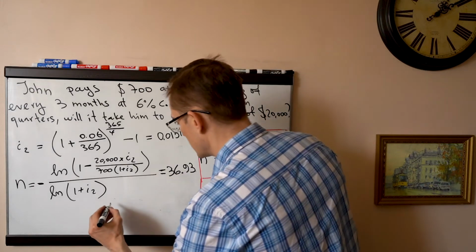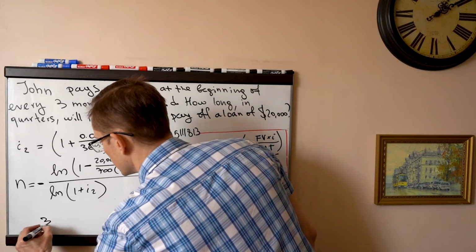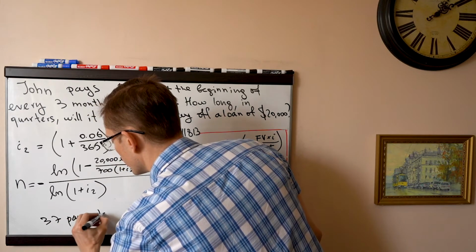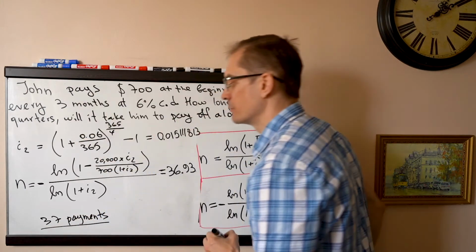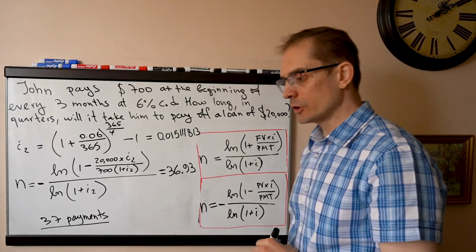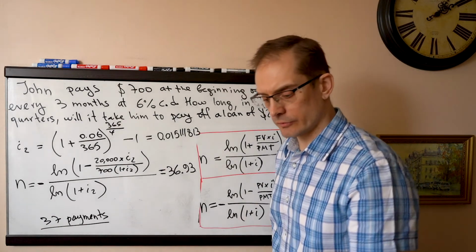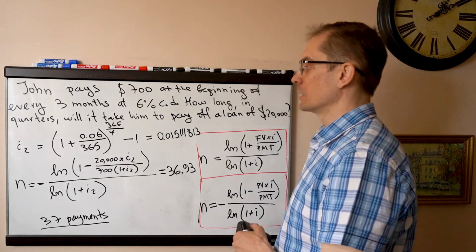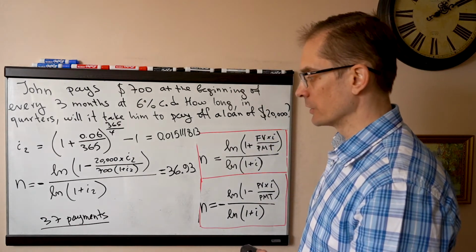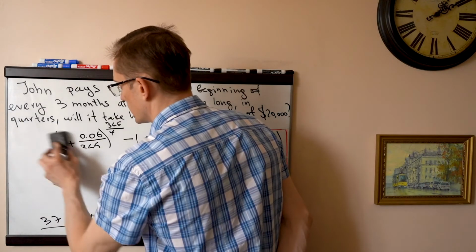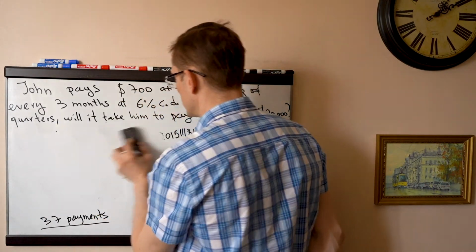So in other words, we have 37 payments. 37 payments. But in order to understand how many quarters in terms of time are necessary to pay off this loan, we really need to remember something about due annuity.